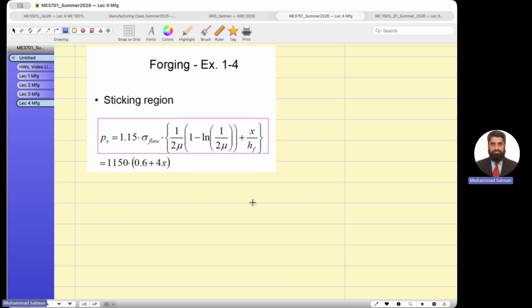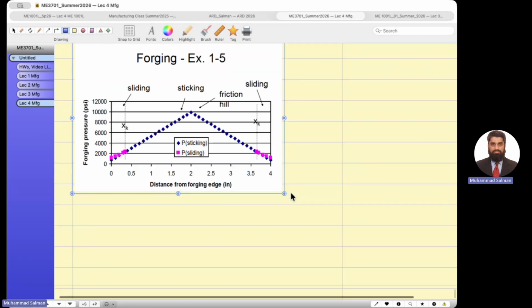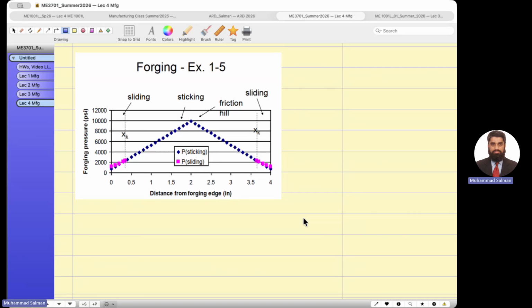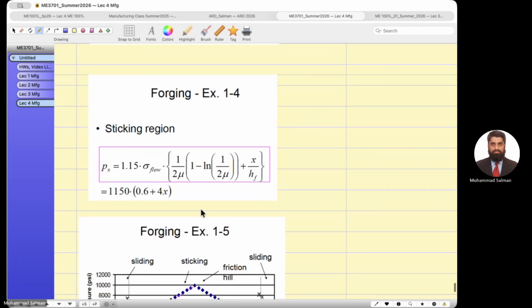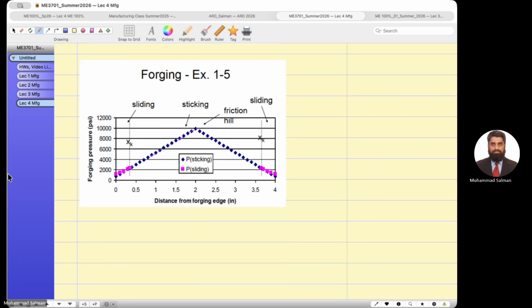And now the next part is to find the force. Look over here. It is difficult for you to find it at every location. The forging pressure, or in the end, the forging force, is increasing. Have you understood this question?